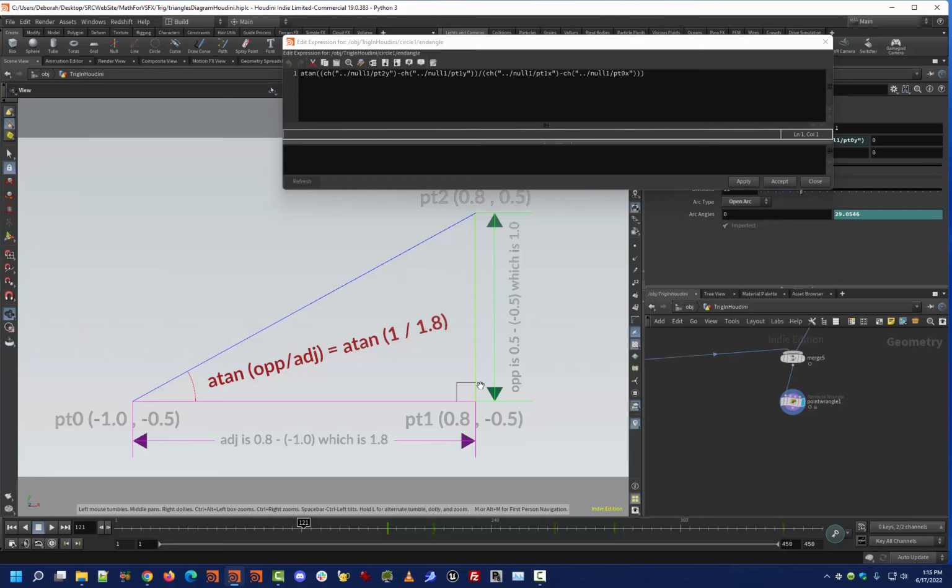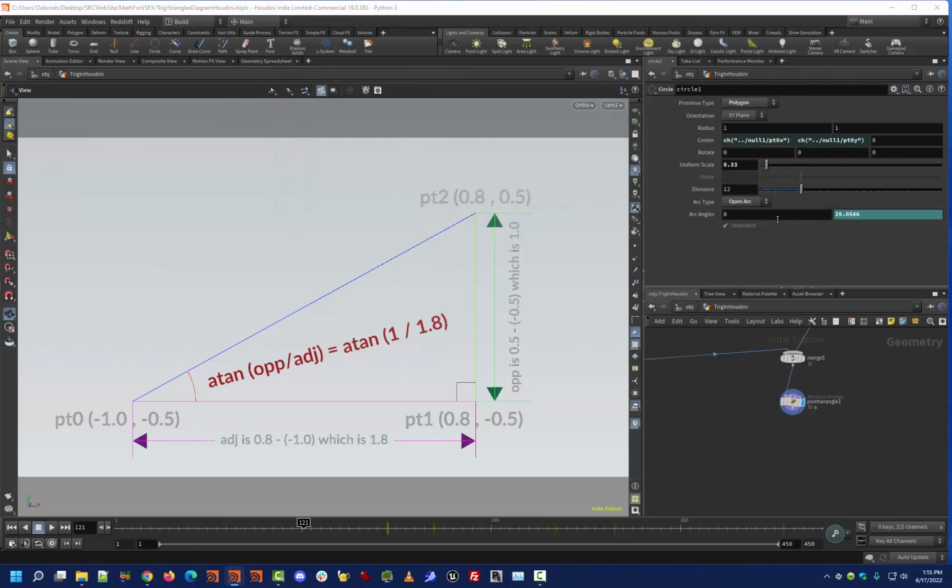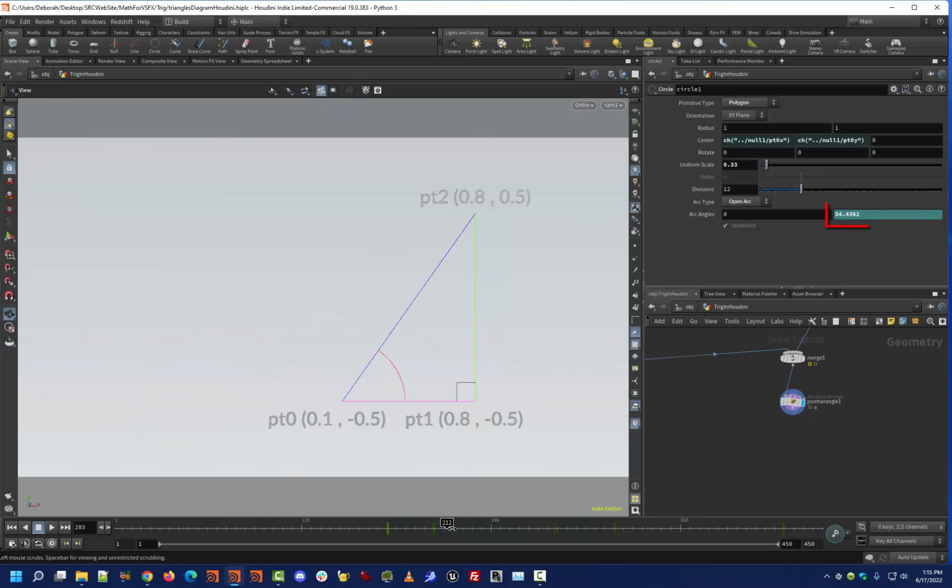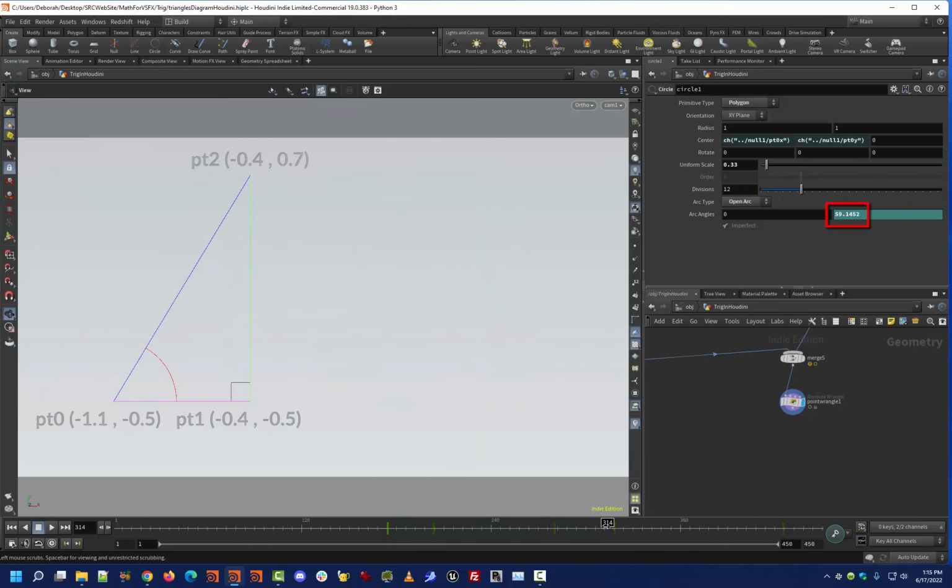Well, that's just opposite over adjacent, in this case, 1 over 1.8. And I take the arctan, which gives me the angle. And that's exactly what I'm displaying. In this case, 29.0546. But if I move these around, of course, that value will change.